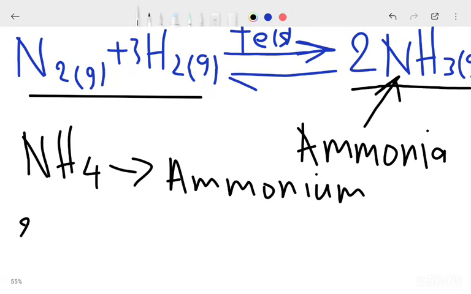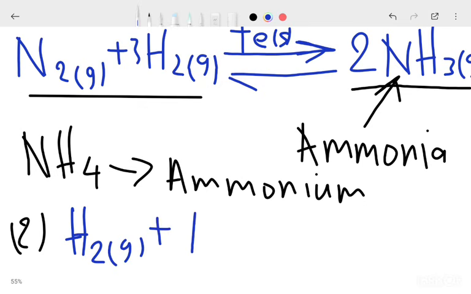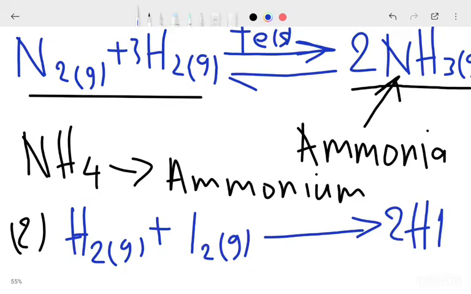So let me give you another example. Example 2, let's say we have this particular one. Hydrogen, which is a gas, reacting with iodine, gas, then to form HI.